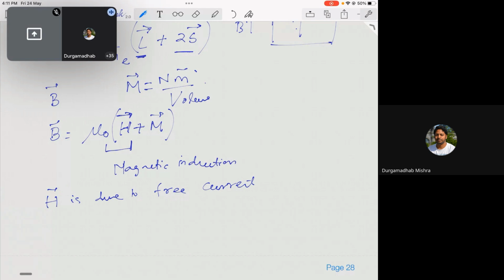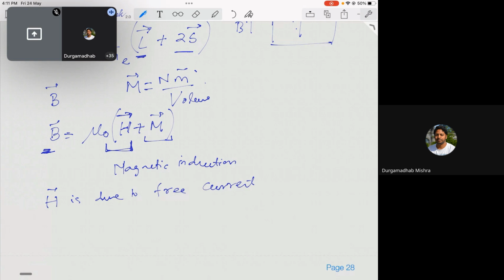But that same material, or the wire through which current is passing, can also have some magnetization. Therefore the magnetic field B that is produced can have an effect from the free current and from this magnetization, which we normally assign to something known as a bound current.